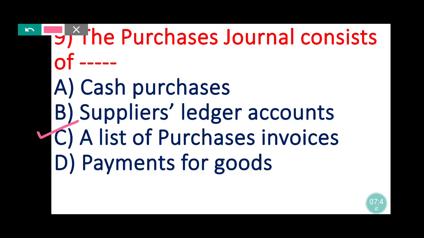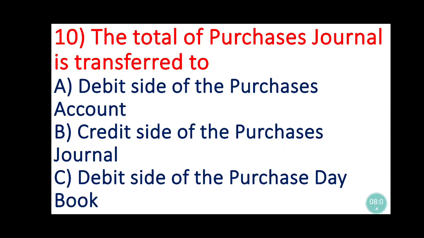It is a source document from where the entries are recorded in the purchase day book. So all the purchase invoices, there is a list of the suppliers from whom we are buying, so it is recorded in the purchase journal.